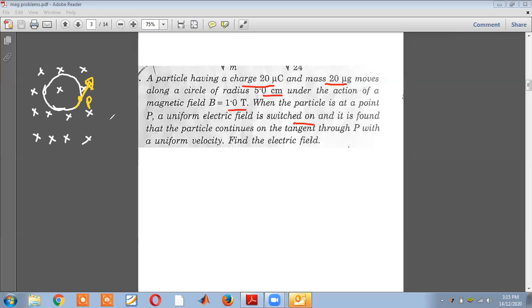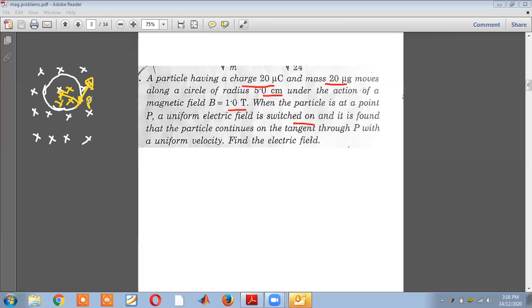And you know that the particle moves with a uniform velocity when the total force acting on the particle turns out to be zero. If that's the case, we can expect the particle will move with constant or uniform velocity. So at this point, what forces may this particle experience? Because of the magnetic field, it experiences a magnetic force, which is pointing in the inward direction.